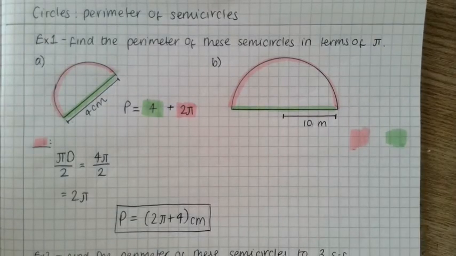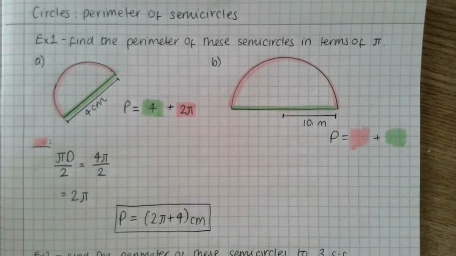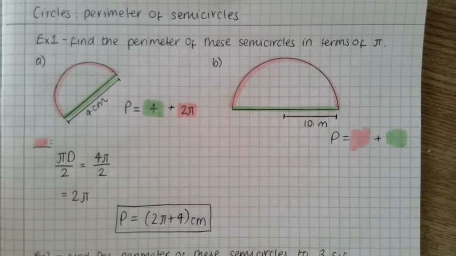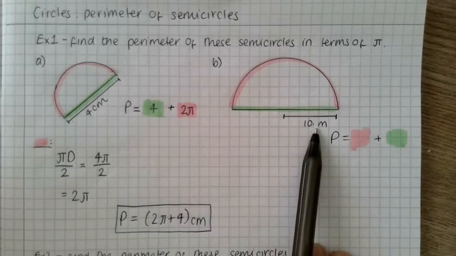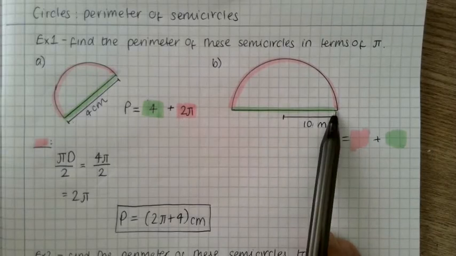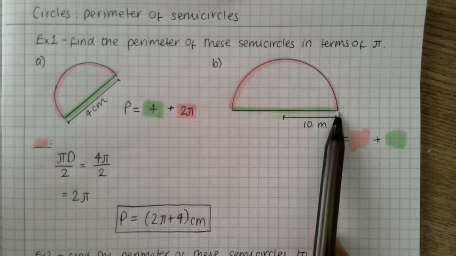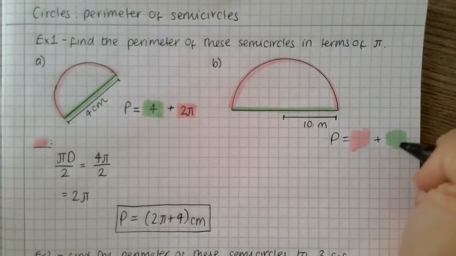Okay, so the perimeter will be these two added together. I've made sure to put my pink one first this time. So the green edge, the straight edge, is always slightly easier, isn't it? So I can see that I've been given the radius here from the centre to the outside of the circle, which is 10. So that means my green line will be 20.